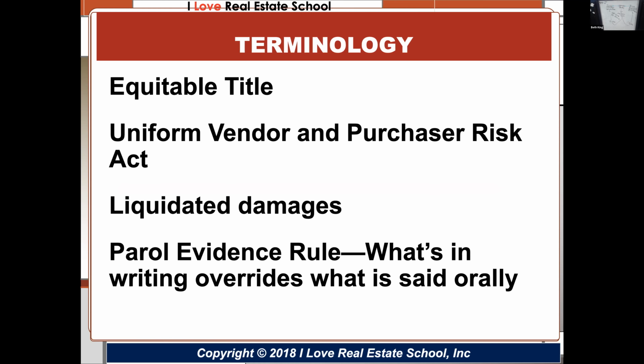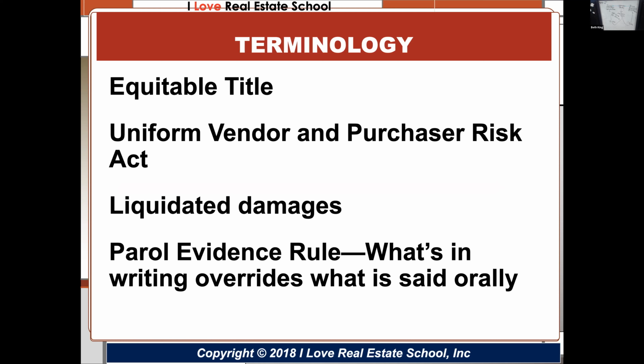Okay? So you have an equitable interest in that property. That's why when somebody wants to cancel, I don't let them cancel. I let them rescind. Because if they rescind, it's as if the contract never existed, so you never had equitable title to the property. With me?